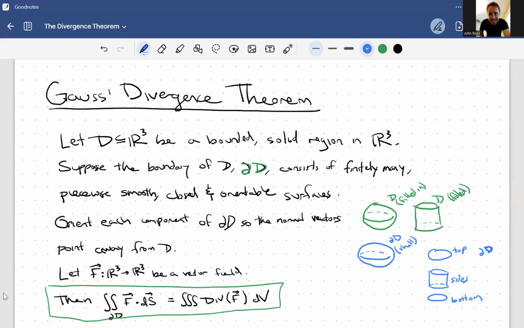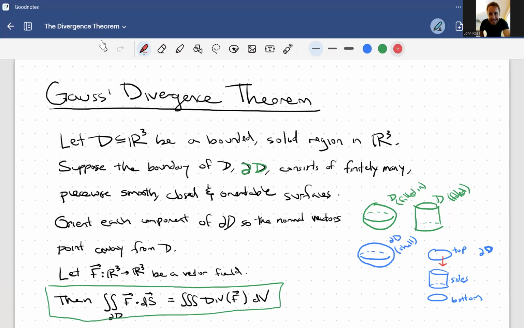Now we saw whenever we're orienting a surface, we have two possible normal vectors that point in two different directions. So zooming in on the top piece here, the top of the cylinder, I could either have a normal vector that is pointing up, right, further up out of the can of soup, or I could have a normal vector that is pointing down into the can of soup.